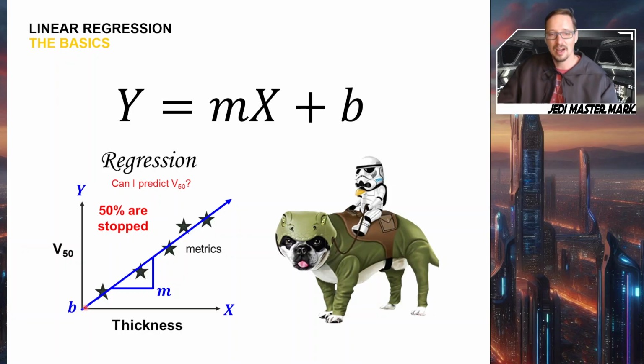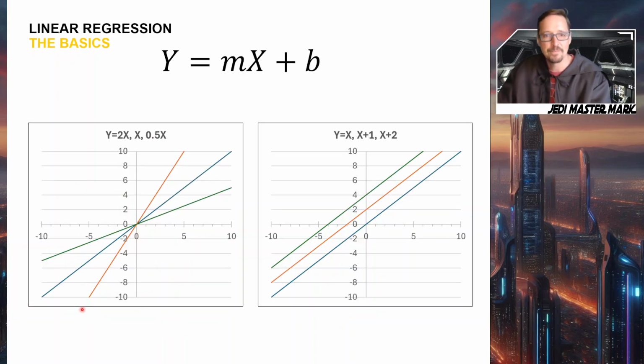So this is going to be like where it hits the y-axis when x is 0. So these are your two. This is your basic linear regression equation. And if you look at these two independent of each other, so first let's set b equal to 0, and let's just choose different values of m, or the slope term that acts on our input.